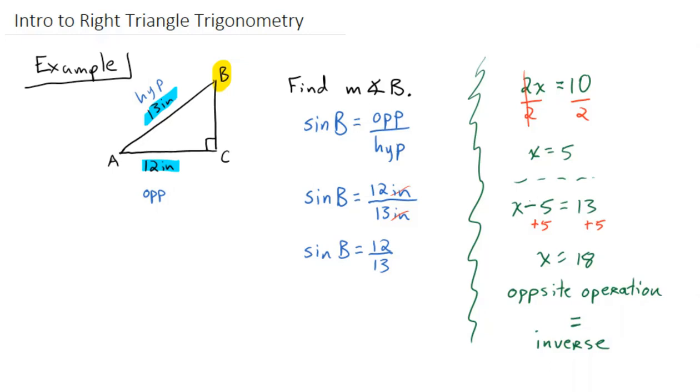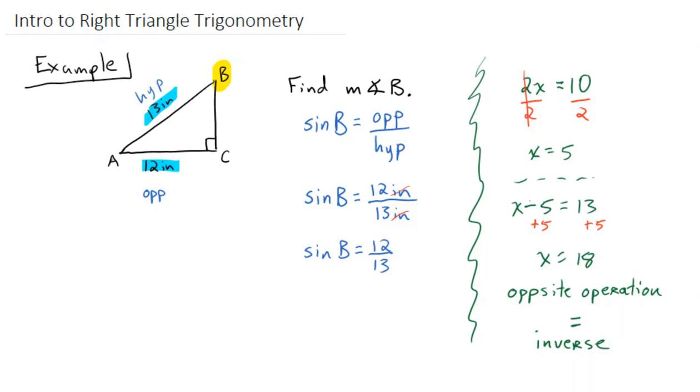And so when we talk about trig functions, we don't talk about opposite operations because it's a function. So we start using this language of inverse. We need to take the inverse to undo it. So instead of multiplication and division being opposites, we have sine, and its opposite is inverse sine. So it's just a new language to say the same thing.